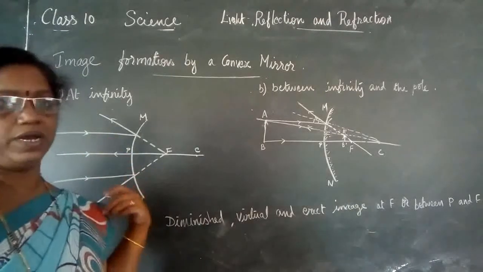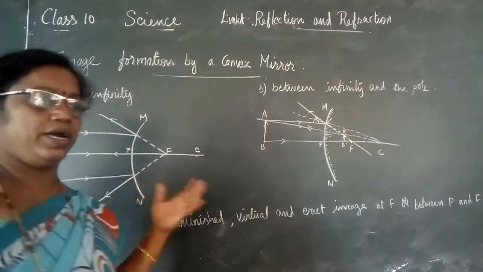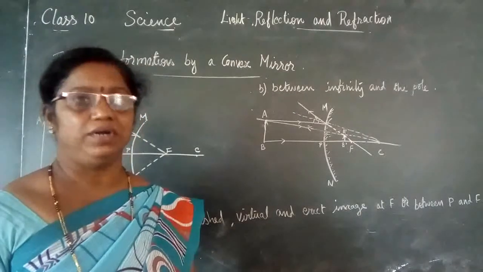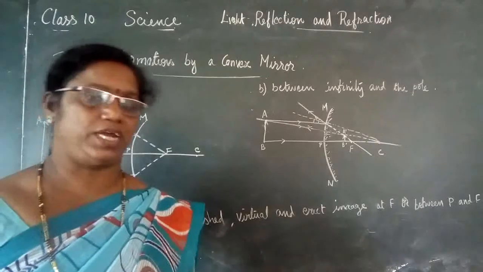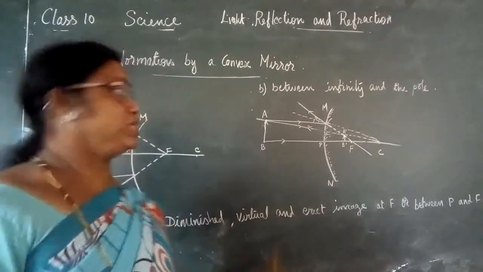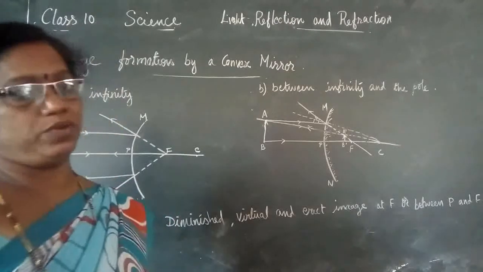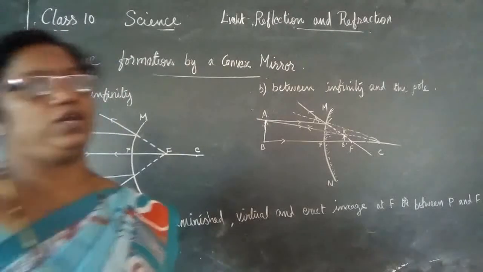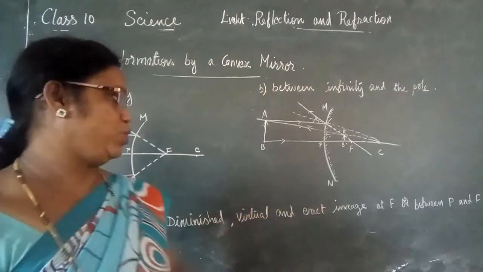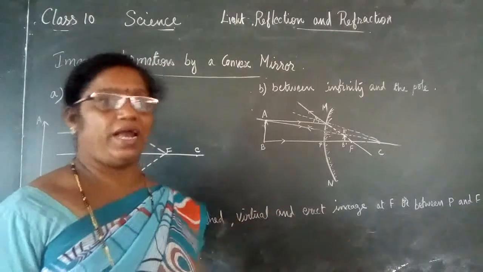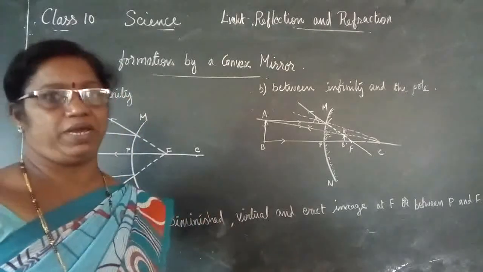In a concave mirror, we got several types of images by keeping the object at different positions. But in case of a convex mirror, whatever be the position, we are going to get only a virtual, erect and diminished image.